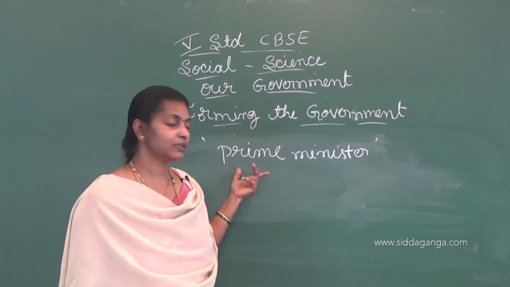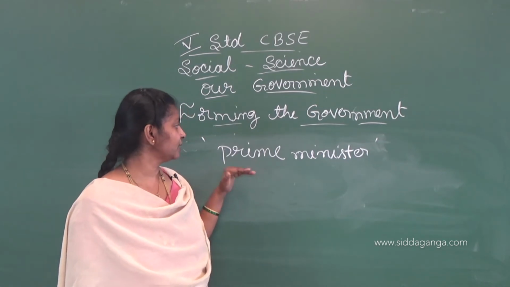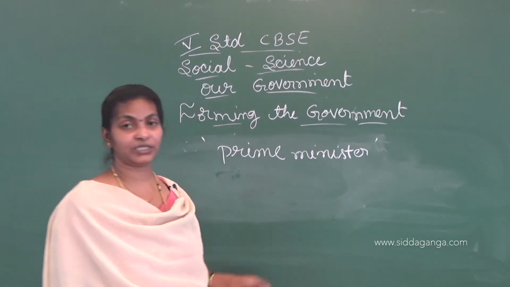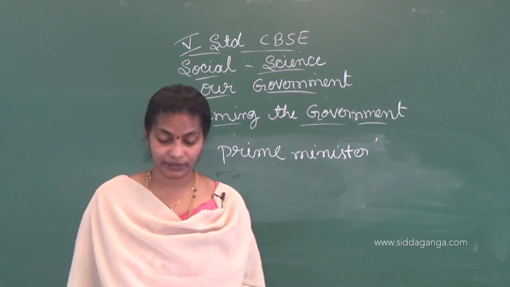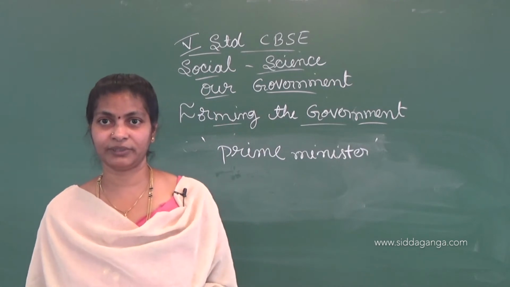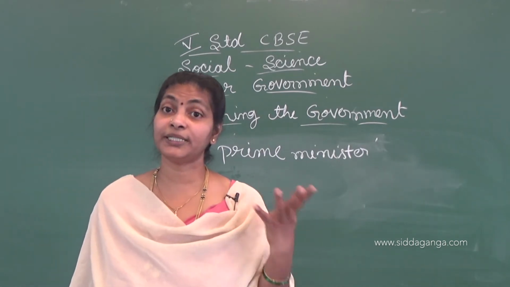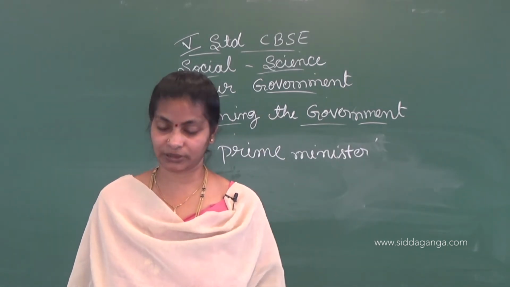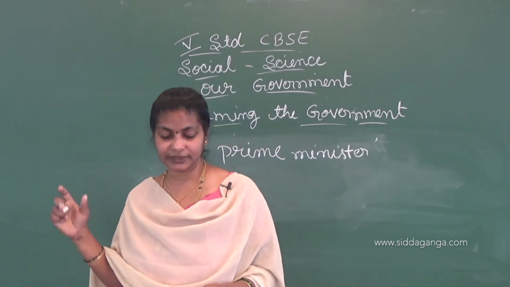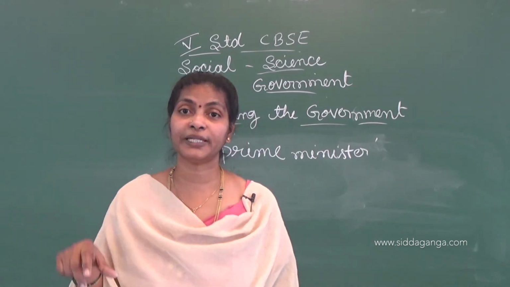So later, after the appointment of the prime minister, the prime minister forms his own cabinet. He appoints his own cabinet members. That cabinet consists of the council of ministers.